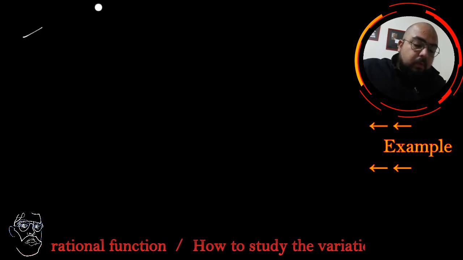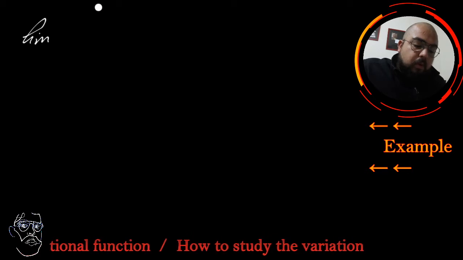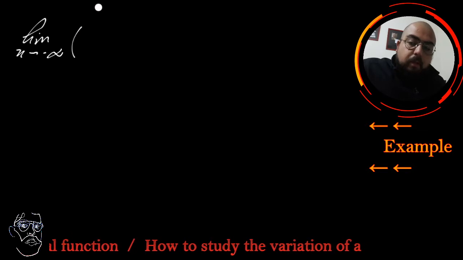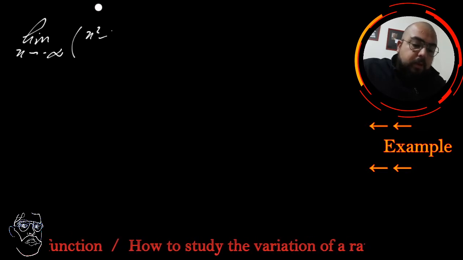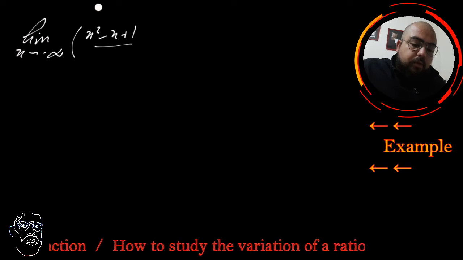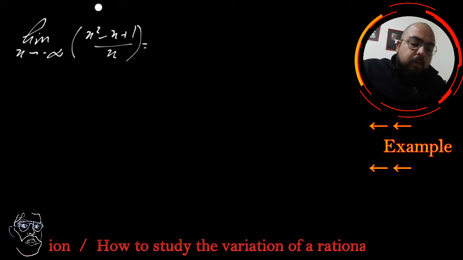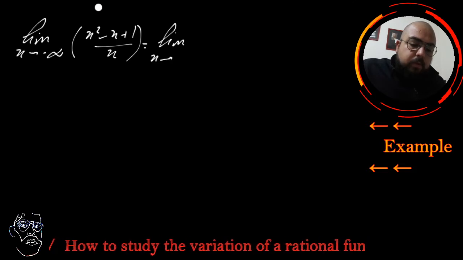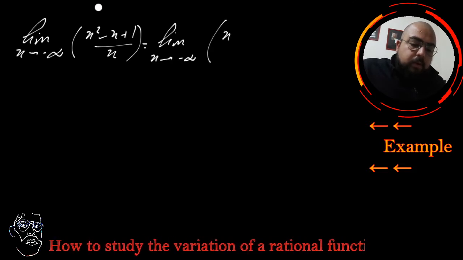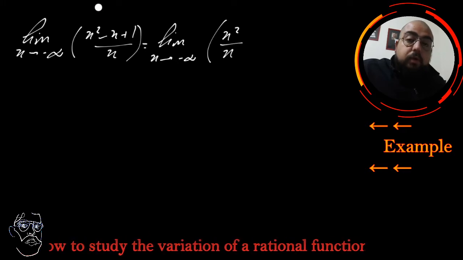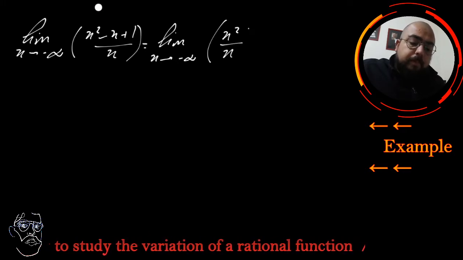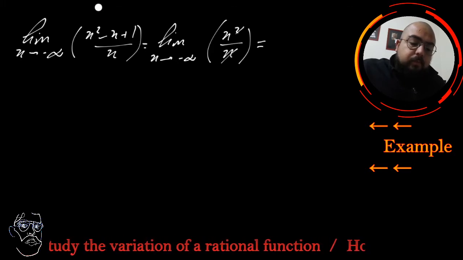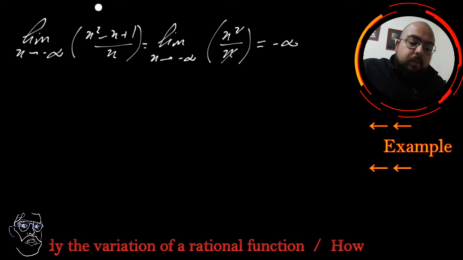So the limit when x tends towards minus infinity of x squared minus x plus 1 over x is the limit of x tending towards minus infinity of x squared over x. I can choose the highest monomial over the highest monomial, simplify, and I will have minus infinity.